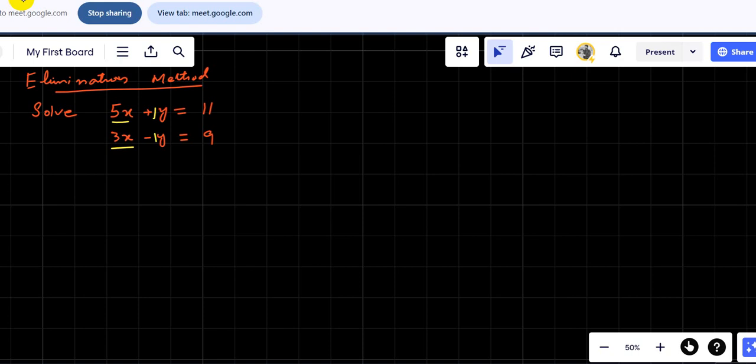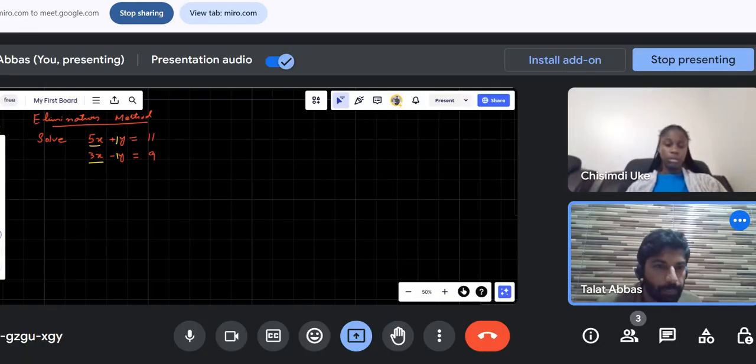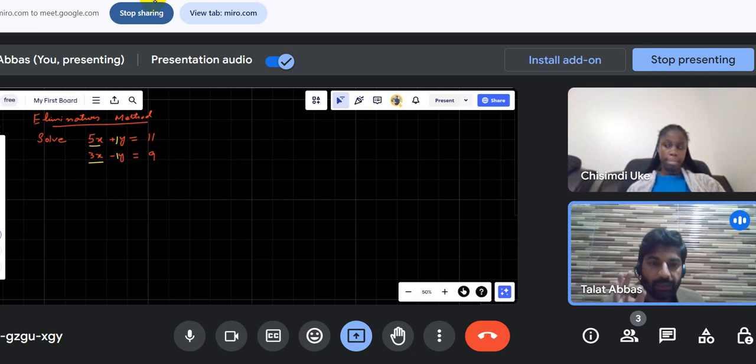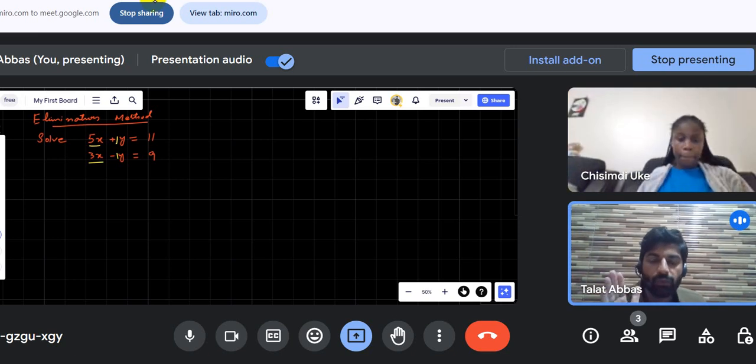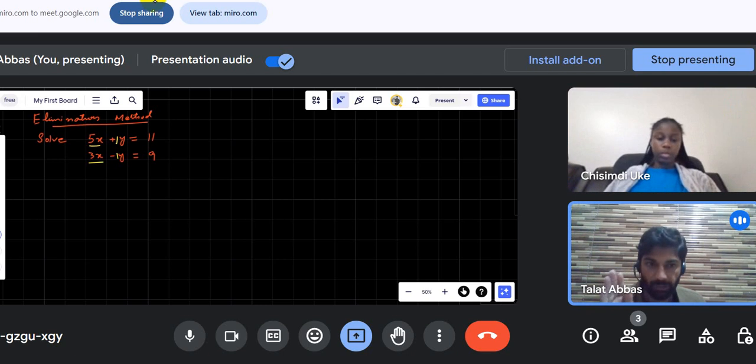While using the elimination method, always try to target the variable which has the same coefficients. It will save our time.